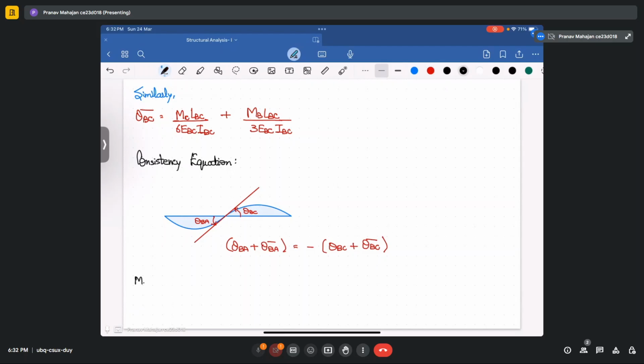You will get MA LAB upon EI plus 2 MB LAB upon EI plus LBC upon EBC IBC plus MC LBC upon EBC IBC, and that will be equal to minus of 6 into AAB, that is the area of that span, multiplied by the distance, that's HAB, divided by EI LAB.